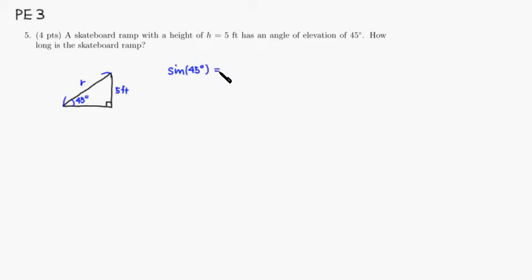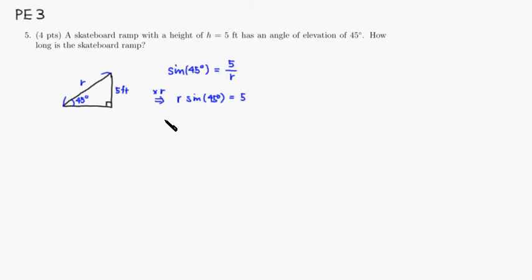is equal to, so this is opposite. Opposite would be 5, over hypotenuse, in this case R. What we're looking for is R, so we're going to multiply through by R. So we have R sine of 45 degrees is equal to 5.